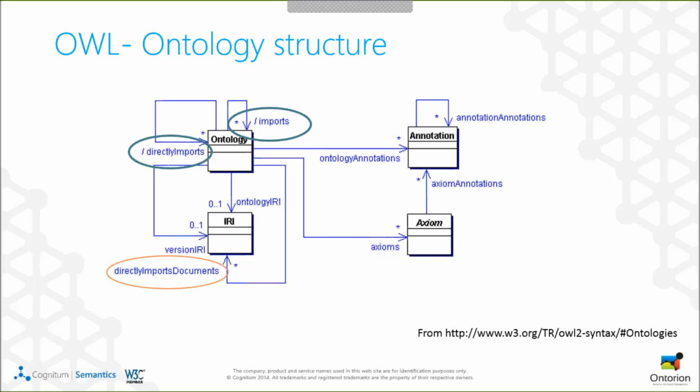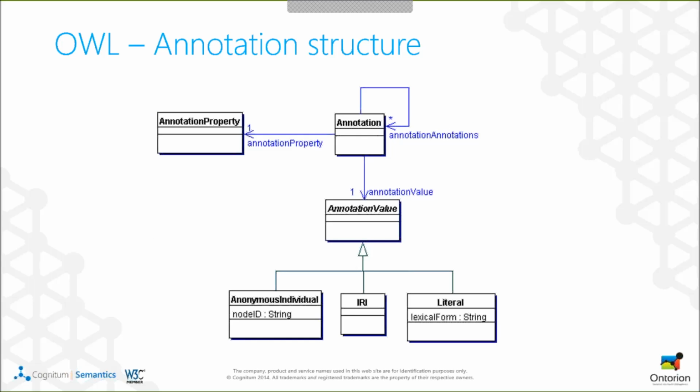Okay, so next, the annotation structure. This is another very important part of the OWL toolset. I'm not showing you everything, just a couple of them, because I think these are the most interesting from the practical point of view when you are actually creating an ontology.